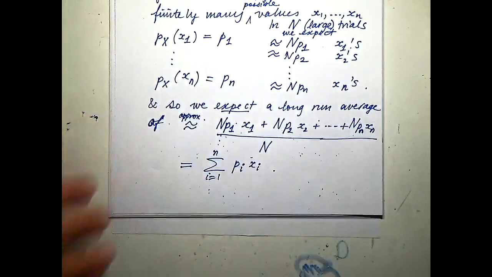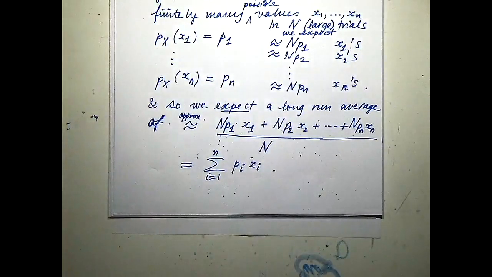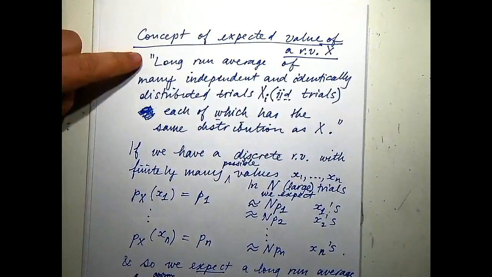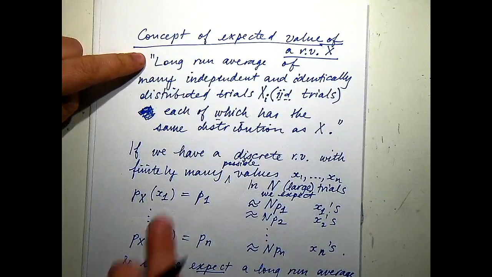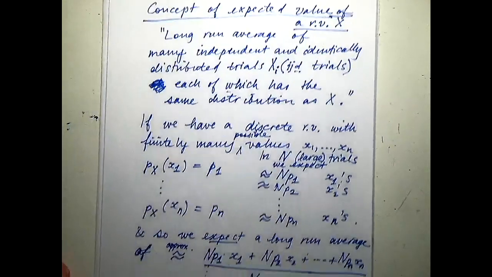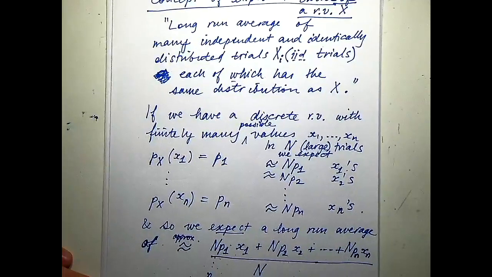That's exactly what it is: the probability times the value, added up over all possible values. That's what you expect. I'm going to take that thing about long-run proportions, and I just want you to take it as granted, even though we haven't proved it as a mathematical theorem. It conforms to our intuitions, and it is certainly true.